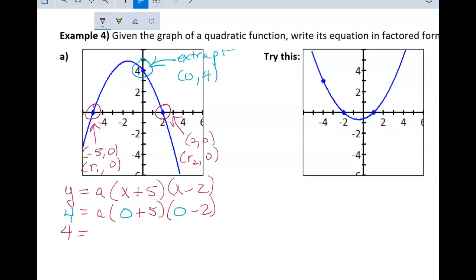Now we just need to do some arithmetic on the right. We have 5 times -2 is -10, so we have 4 equals -10a, and dividing, a is -4/10, reduced, that's -2/5. So in factored form, the equation is y equals -2/5 times x plus 5 times x minus 2.